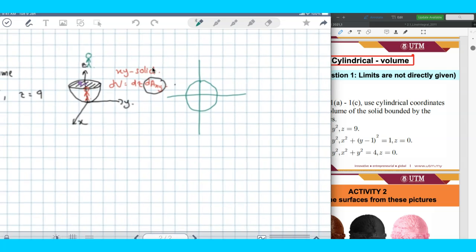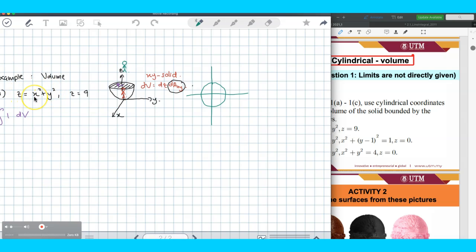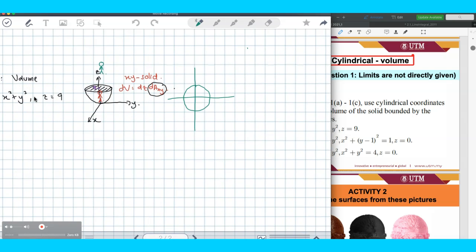At the moment, we have no idea what the size of that circle is, so you have to substitute z equal to 9 into the bowl equation. When z is equal to 9, we have a circle with radius 3 on the xy plane. So this one is 3 and this one is 3.